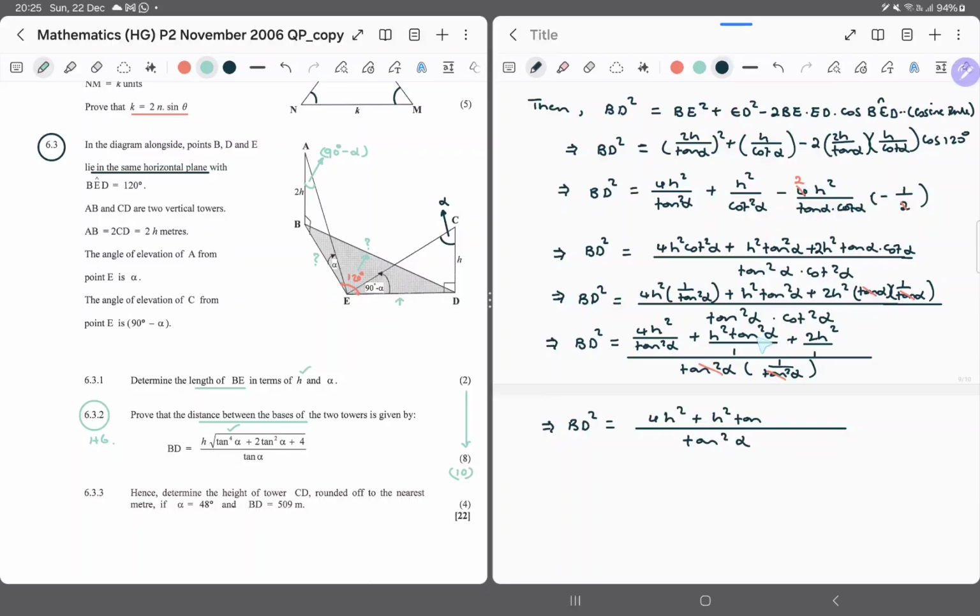Now 10 squared alpha times 10 squared alpha is 10 to the 4 alpha, and then we divide this by 1 over there, then we get essentially plus 2h squared 10 squared alpha. This is what we have. Can you see it's taking shape? We're starting to see what we want to see.